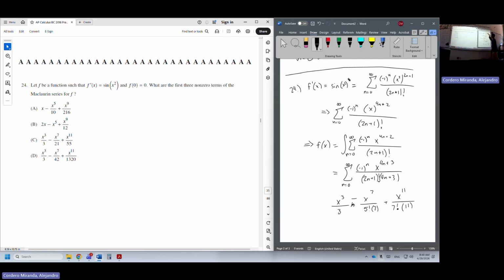It's this. That means that if I distribute this like this times that would be 4n plus 2. So there's f prime, which means that f of x would be the antiderivative of that. And the antiderivative of that would be add 1 to the power and divide by the new power, which gives me this.